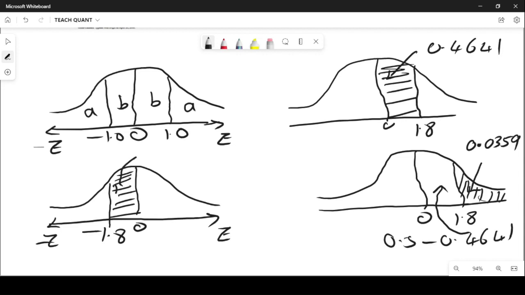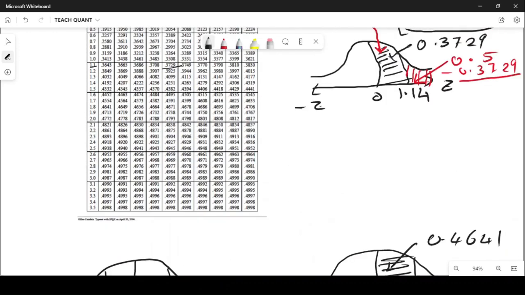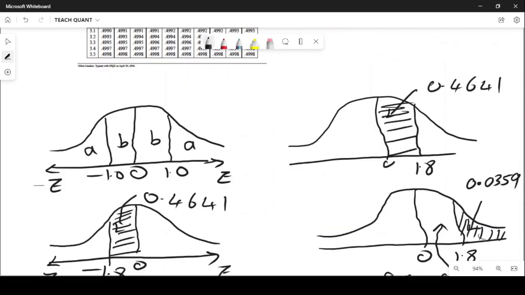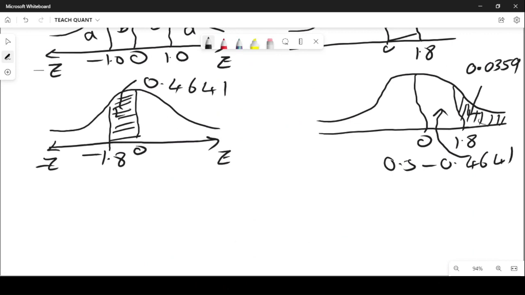So this will be equal to 0.4641. So you have only values on the positive. If we go back to our diagram above, and then we use those positive values, like here it's 1.80, so it is 0.4641, and that's the exact value that we are using to be able to compute that.